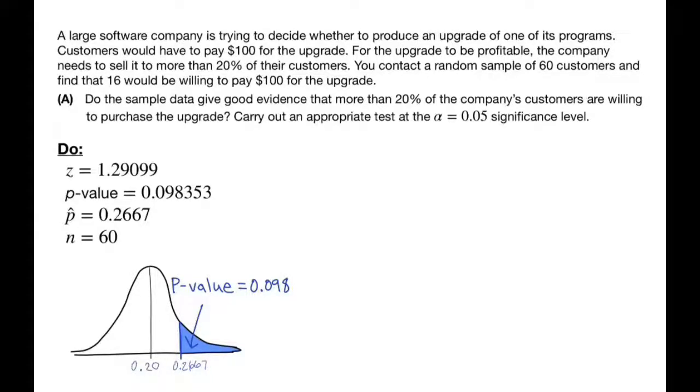That tells me or the reader that you know what you're doing other than just what the calculator spit out. So we have our value from the null hypothesis, the hypothesized p at 0.2 in the middle of this normal model. And then our p hat, the 16 over 60, which is the 0.26666 forever. And if we find the area greater than that, that is the 0.098 or 9.8%.